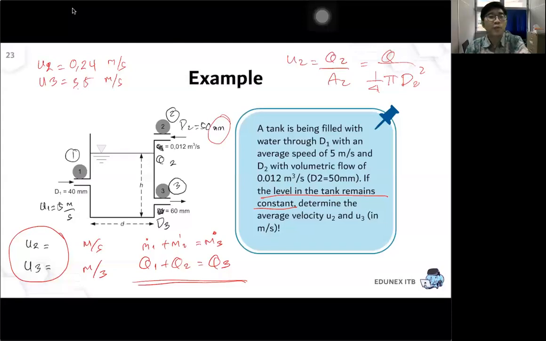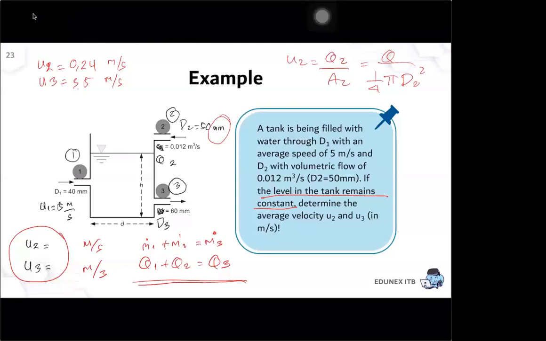Just be careful when you do the calculation. All right, sir. And also 50 millimeters, change it to meters, right, sir? Yes, should be all in the same unit. Meters, because the diameter should be in meters as the flow rate is in cubic meters per second.